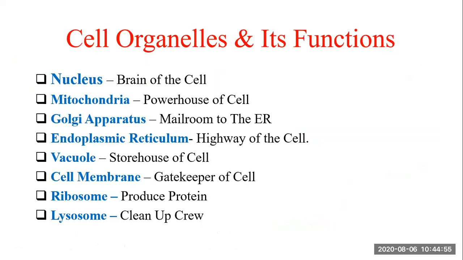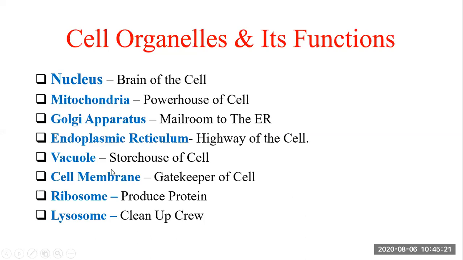So, in a nutshell, we can understand that the nucleus is known as the brain of the cell, because its main function is controlling and directing. Then the mitochondria is known as the powerhouse of the cell, because it produces ATP. Golgi apparatus is known as the mail room. Endoplasmic reticulum is known as the highway of the cell, because as you have seen, the ribosomes are functioning there.